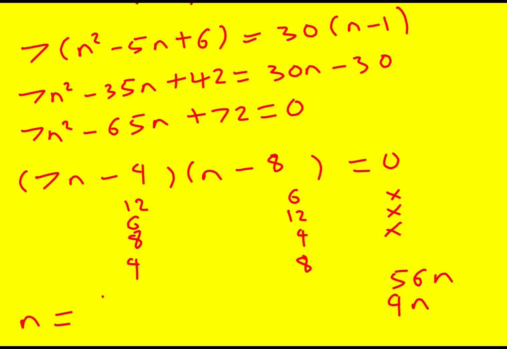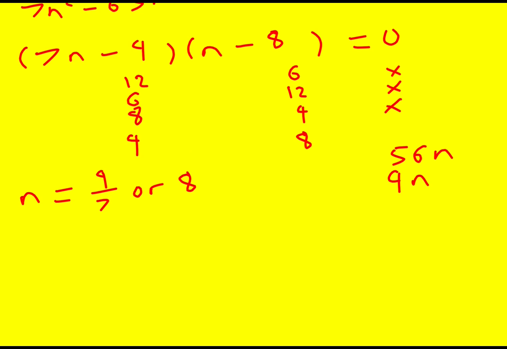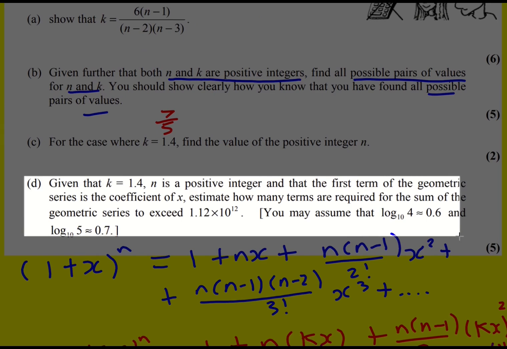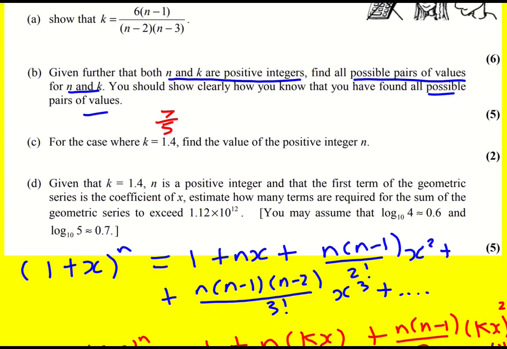And n would equal 9/7 or 8. It's quite a lot more effort to get that, but that's how you could do it, and that's how you could do it for a different value of k, for example. We just need to reject that. So we take the 8. Okay, good. Let's take a look at this very last bit of this question. It just turns things to a slightly different direction.